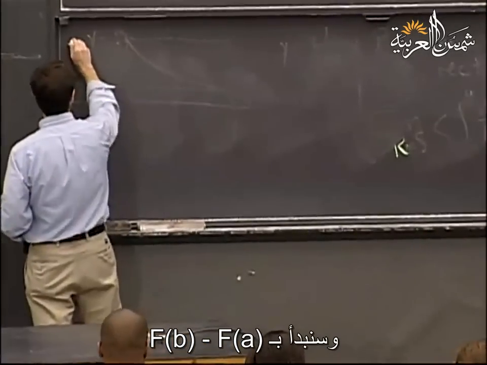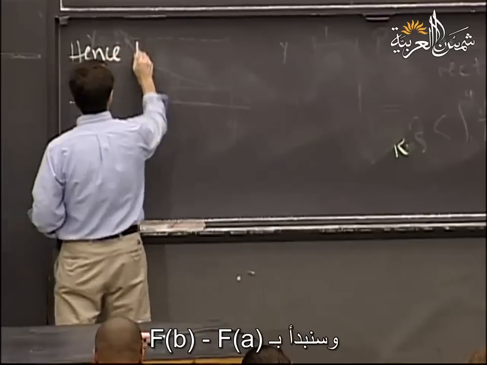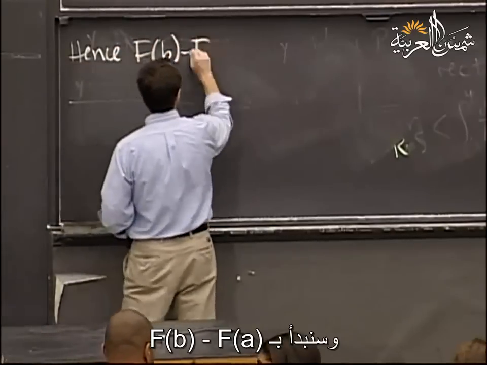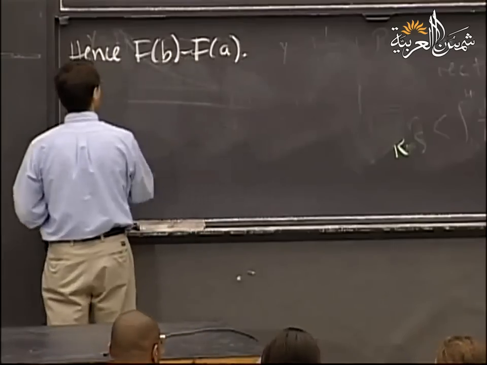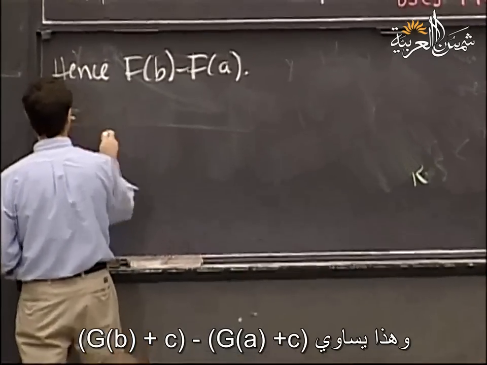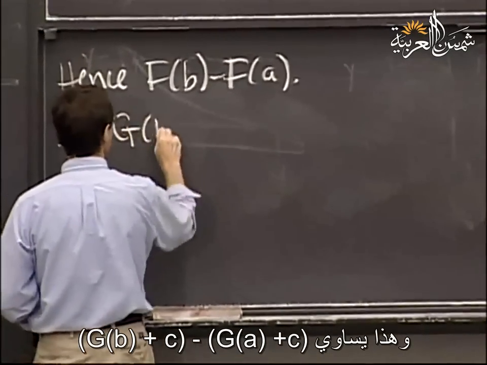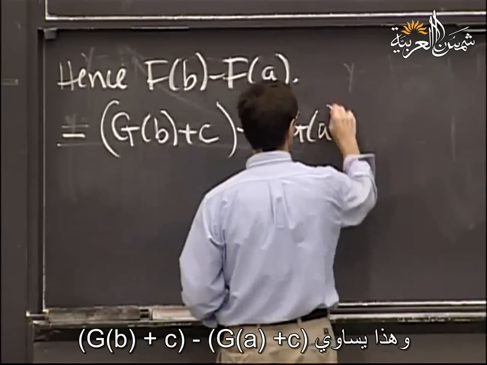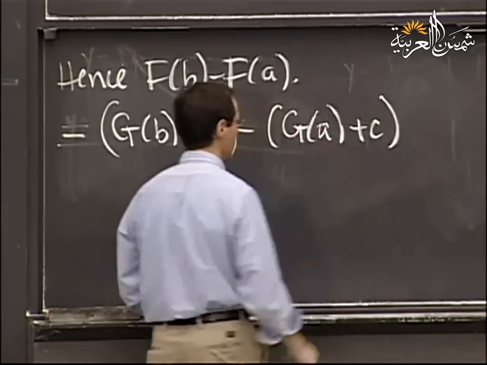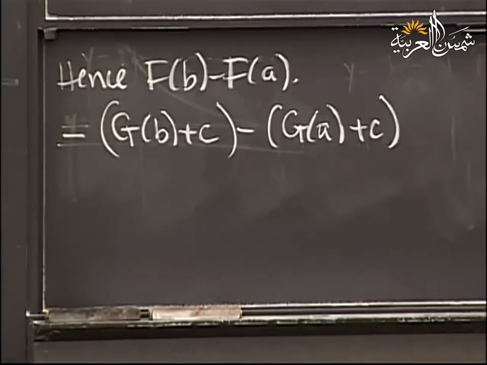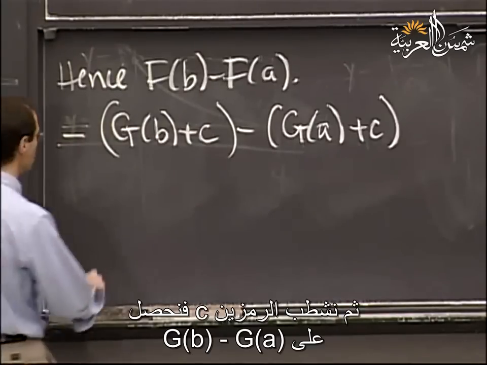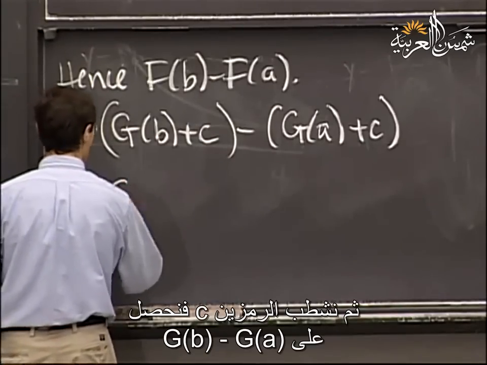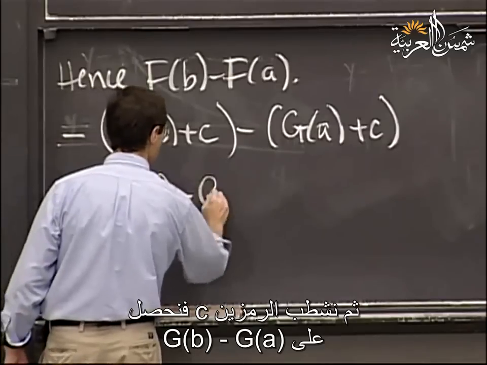So I start with f of b minus f of a. And that's equal to g of b plus c minus g of a plus c. And then I cancel the c's. So I have here g of b minus g of a.